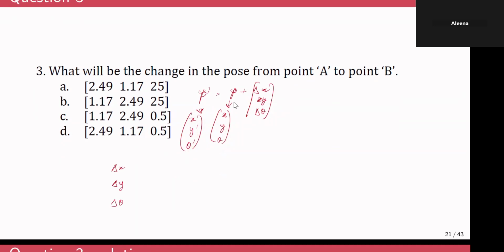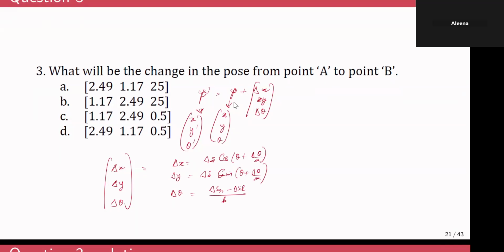And if you can recall from the kinematic equations, which we have seen at the beginning of this lecture, delta x is nothing but delta s cos of theta plus delta theta by 2. Delta y is delta s sine of theta plus delta theta by 2. And delta theta is nothing but delta SR minus delta SL by B.